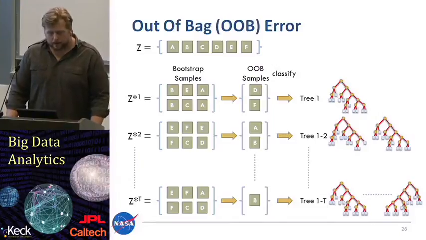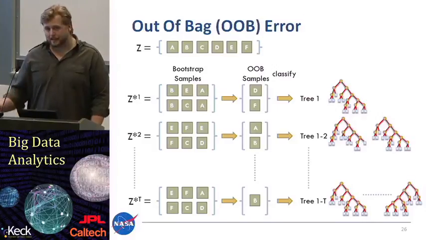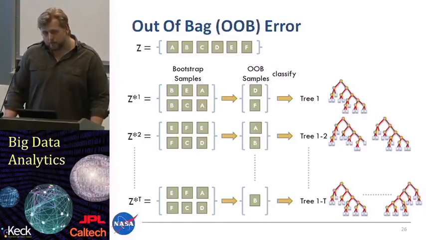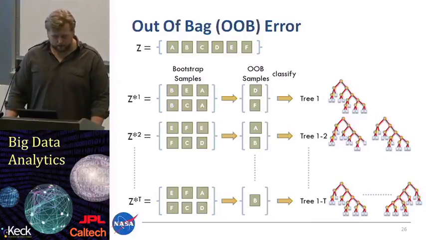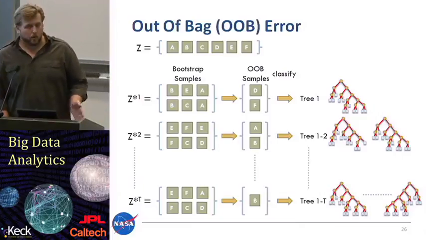We have the same example as before, and for the first tree we draw a bootstrap sample from our 6 samples, have duplicated B and A, but did not draw D and F. So the first tree is learned only on the samples B, E, A, C, and not D and F. For the first tree, D and F are actually test samples. They were never used for training, but can now be used to test how well the tree can classify D or F. The same is true for all the other trees.